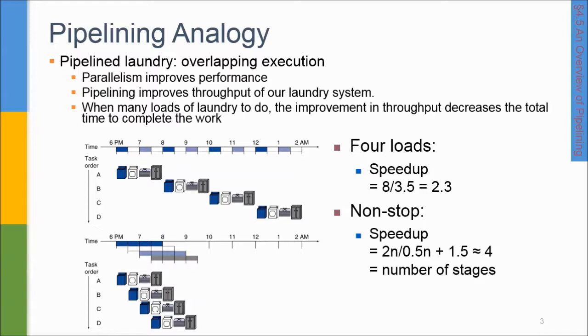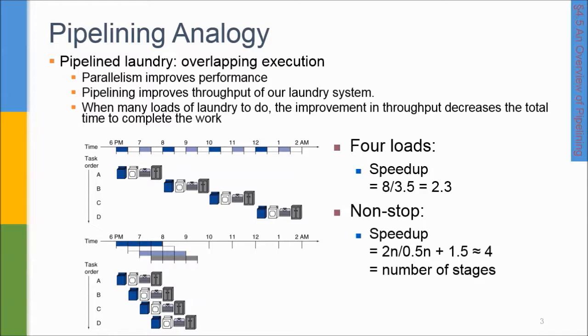The pipelining approach takes much less time, as in this laundry example. We see that as soon as the washer is finished with the first load and the load is placed in the dryer, the washer is loaded with the second dirty load.